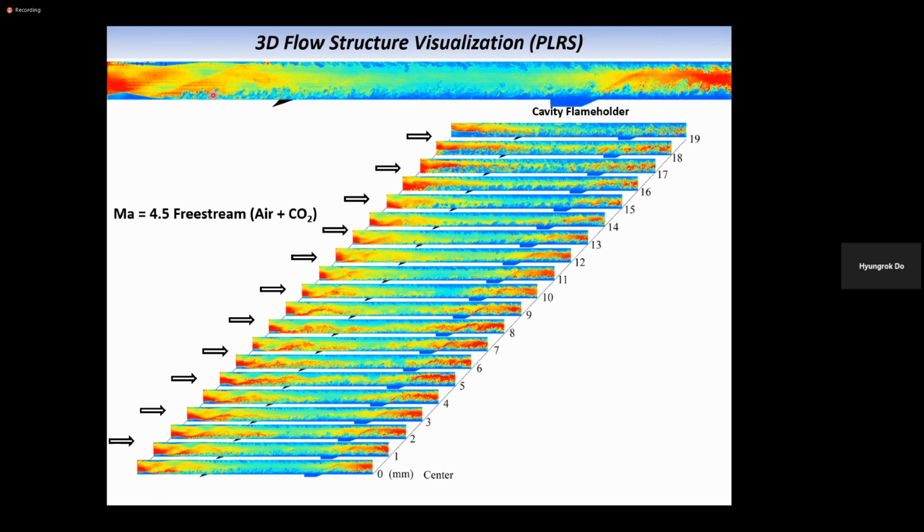In this case, we have injected CO2 into the flow, and the CO2 will be clustered or condensed by the rapid temperature drop with the CD nozzle. In this case, it was Mach 4.5, and the temperature drops so fast. Although you have injected gaseous CO2 into the upstream region, while the high pressure CO2-containing air is expanding through the CD nozzle, the temperature will drop so fast, and the flow will be accelerated.